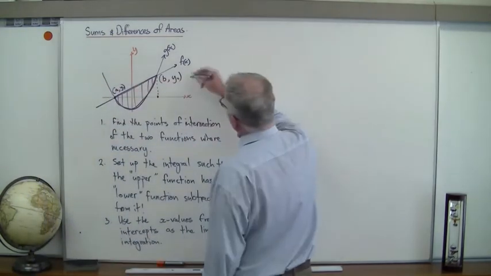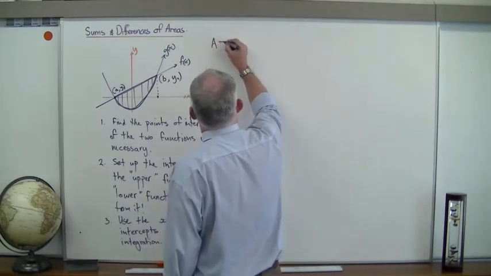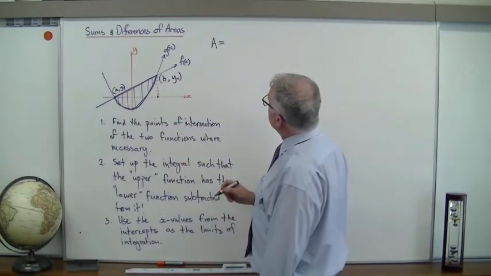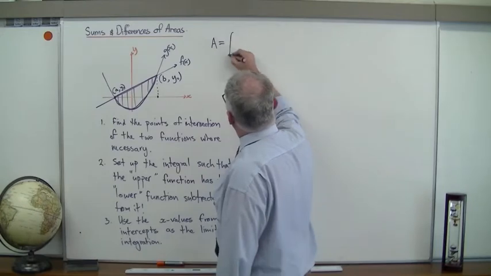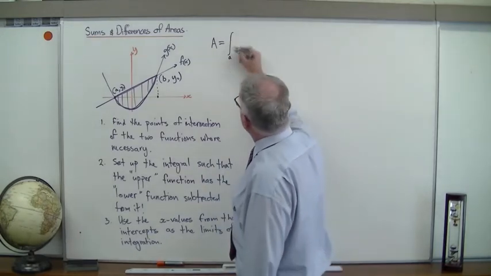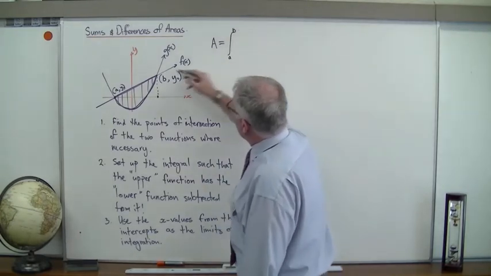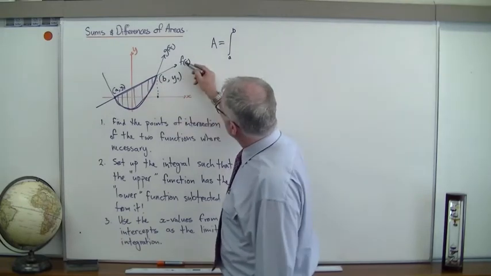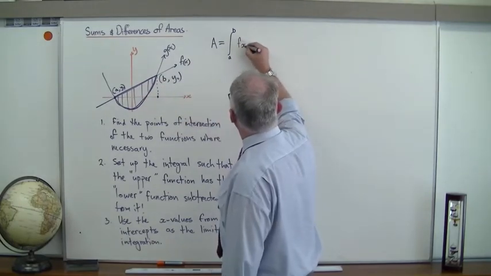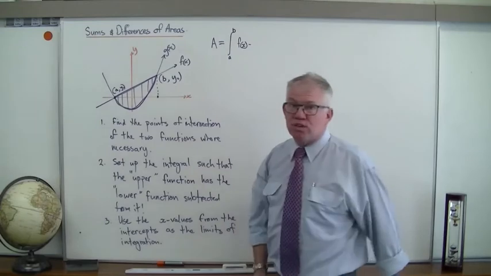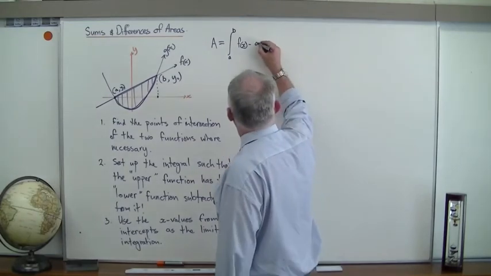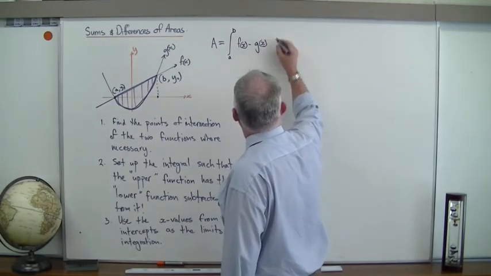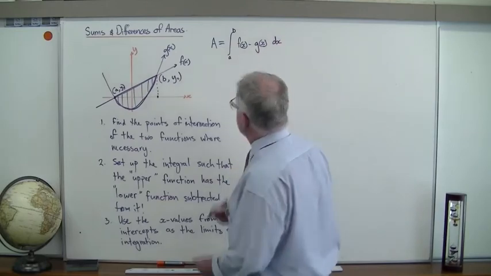So the area between these two curves would be the integral from a to b, and then we take the upper function, which is function f of x, and we subtract from it function g of x, and we do all of that with respect to x.